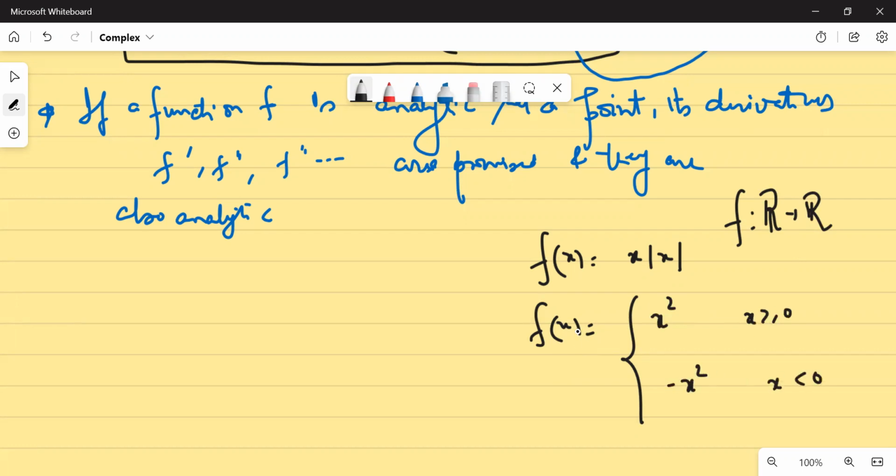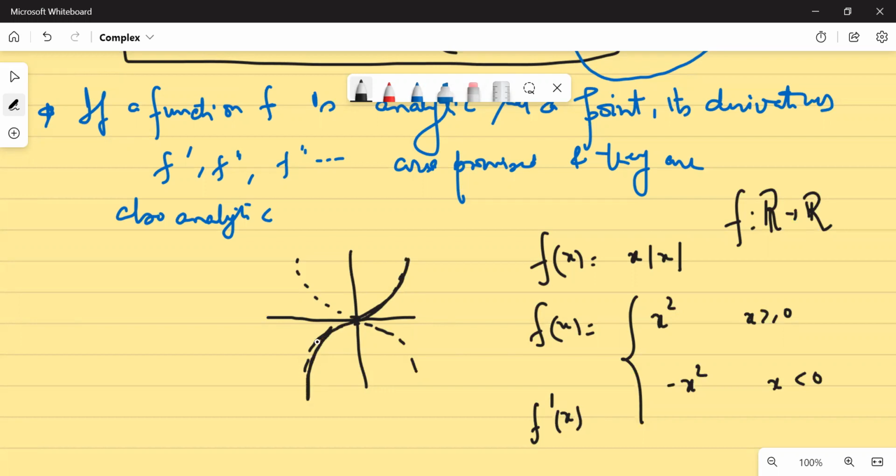So the region I have shaded, this is your x mod x.